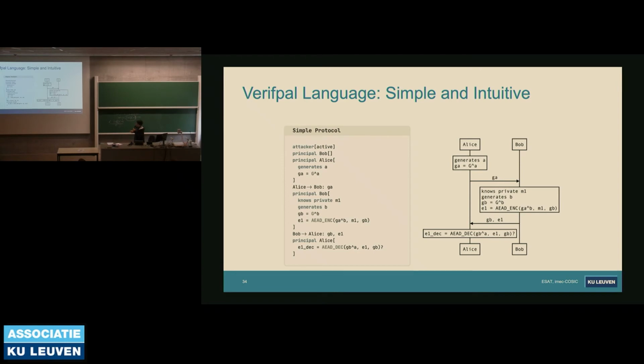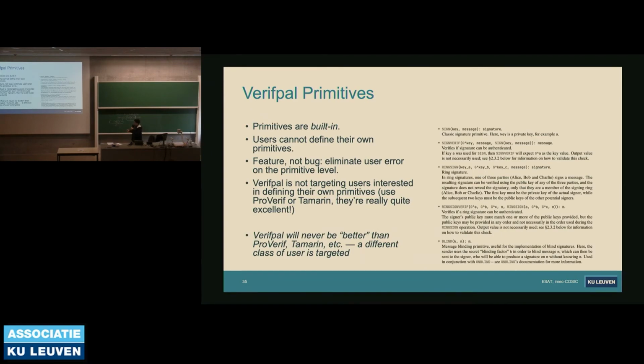This is Alice, and then Alice sends a message to Bob, which is this public key, and then Bob knows a private value m1, he can generate b, just like Alice did, generate a public key, and then do AEAD encryption using these three values, etc. So you can write this in Verifpal, and you automatically get a protocol diagram that shows you that what you did kind of works. And if there's something that doesn't make sense in your protocol, it has a checker that shows you, hey, you made an error here, check if you actually have this value before using it. So yeah, as we said, primitives are built in.